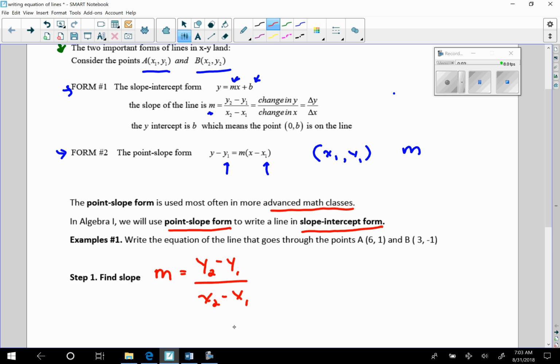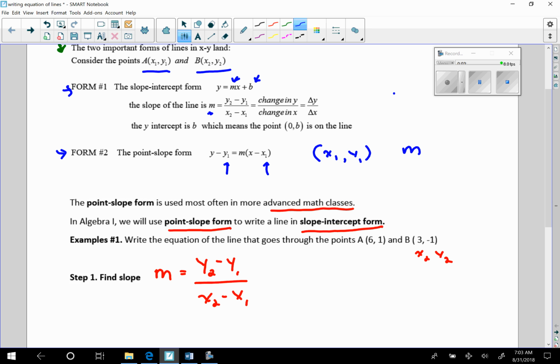We have to make sure that if we're going to start with one point, the x and y's of that point have to line up. And we can let either point be x sub 1, y sub 1. I'm going to choose B as being x sub 2, y sub 2.